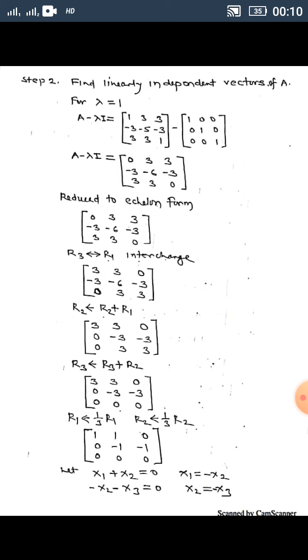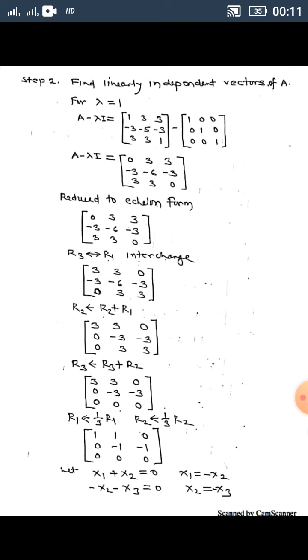Now we reduce this matrix to echelon form. [0, 3, 3; -3, -6, -3; 3, 3, 0]. Now we interchange R3 and R1: [3, 3, 0; -3, -6, -3; 0, 3, 3]. We convert R3 to R1, R1 to R3.